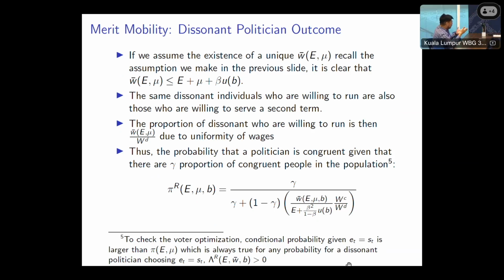Exactly. So then I understand that if the benefits of being politicians are larger because you get this datuk status, then smart and honest guys like Rajesh will try to run as politicians. Okay, so basically the rate of increase is larger for the congruent.